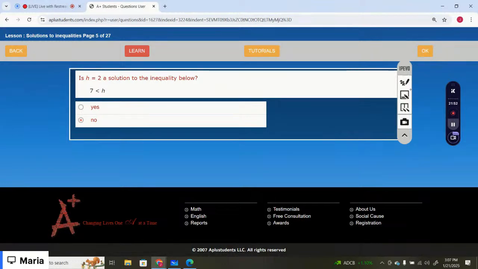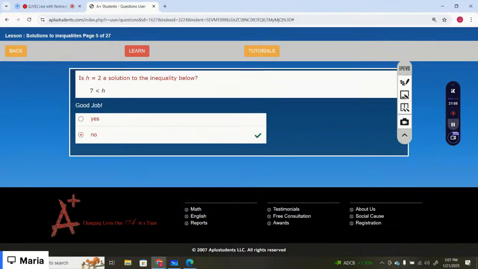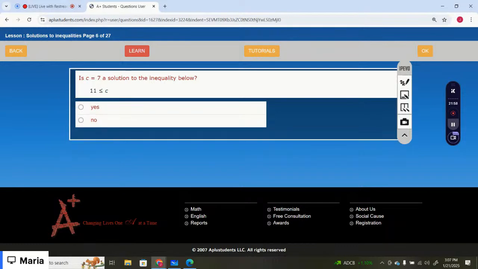False it is. 7 is not less than 2, so that is no. 2 is not the solution of the inequality below.